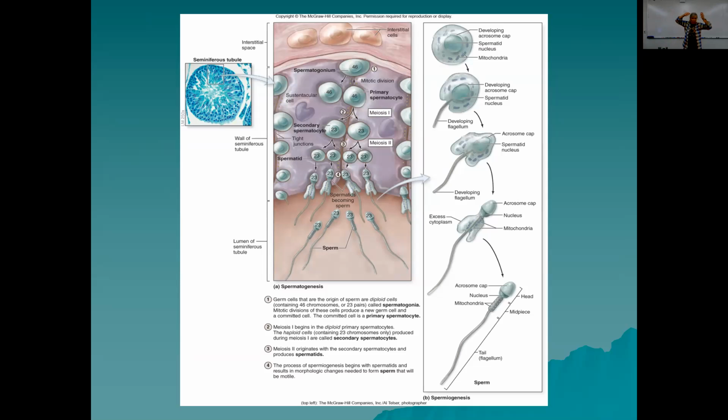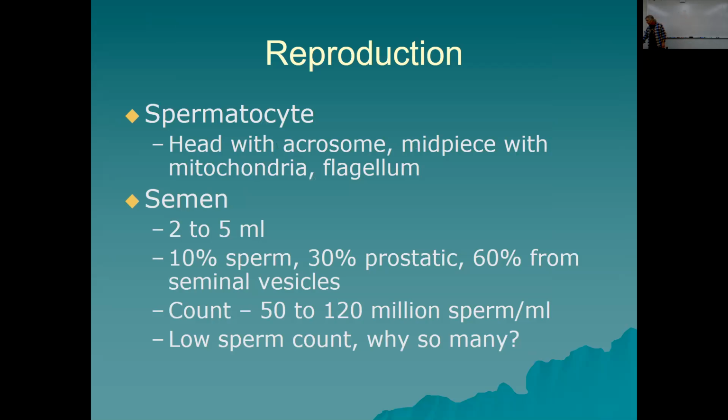And they have what's called an acrosome on top of the head that's filled with digestive enzymes. We're going to learn what that's for later on, particularly in the next chapter. We'll talk a little bit about fertilization, what's called the acrosomal reaction. And remember, the very last part of making sperm is called spermiogenesis, not spermatogenesis. Be careful about that. Okay, so as I mentioned, a head with acrosome, a midpiece with mitochondria, and a flagellum.